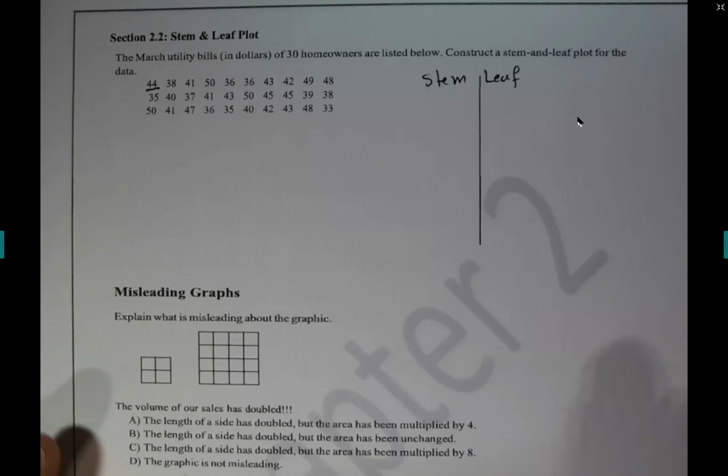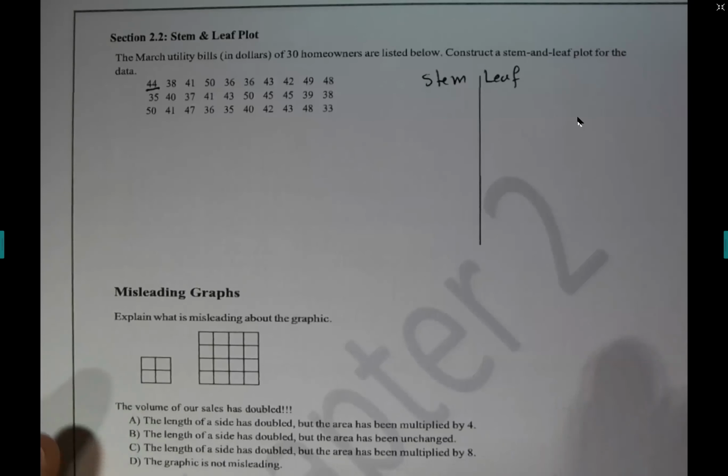Now the leaf. Okay, for the 3, I have an 8. So I'm going to put an 8 here. I have a 6. I have another 6. I have a 5. I have a 7.